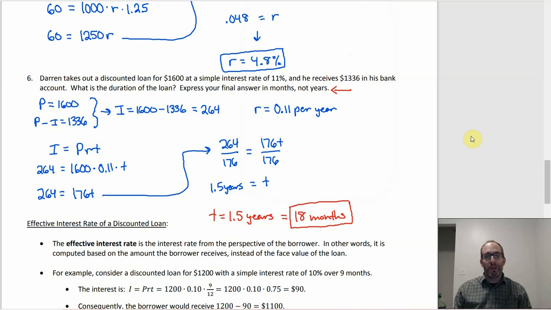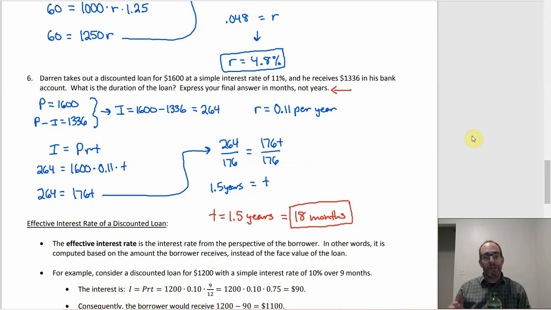So what we've been doing before, like in number 6, where there's a simple interest rate of 11%, or how we solved for it in number 5, and it was 4.8%, those are calculated based on the principal, right? They're based on the face value of the loan. So that's the interest rate from the perspective of the bank. Or I guess from the lender, right? It doesn't have to be a bank. Usually it's a bank, but I guess generally from the lender.